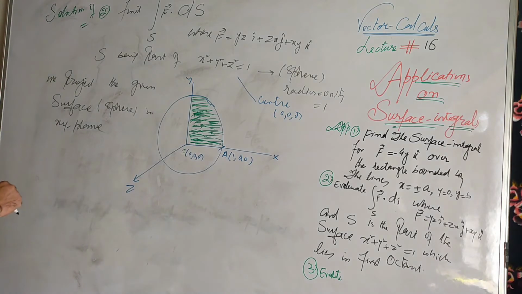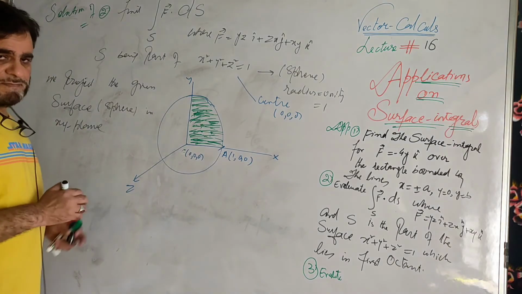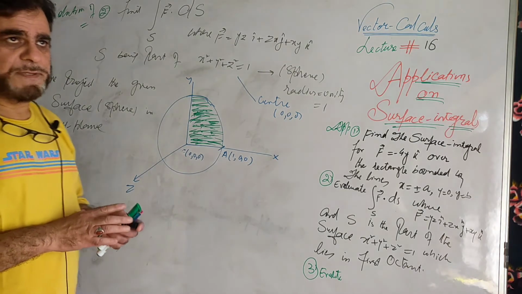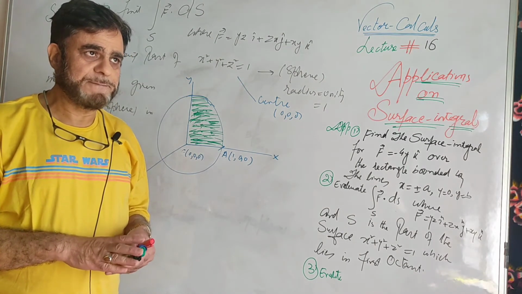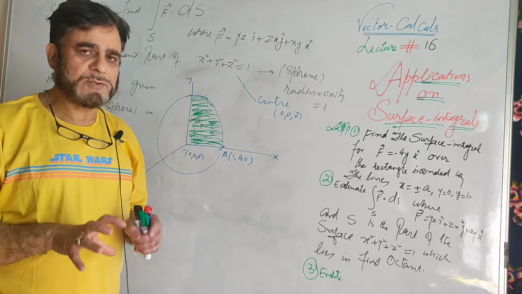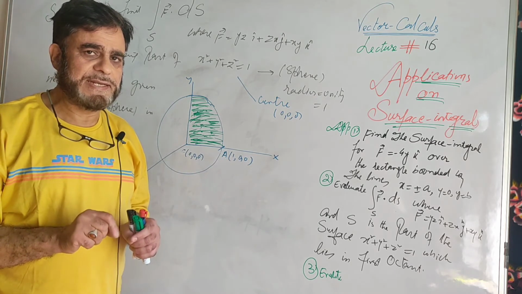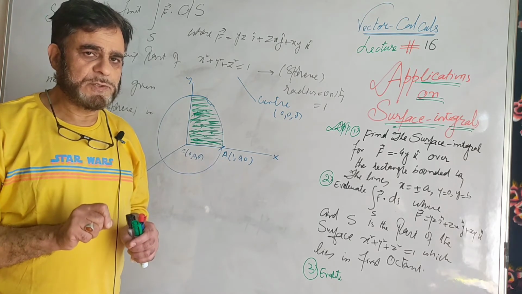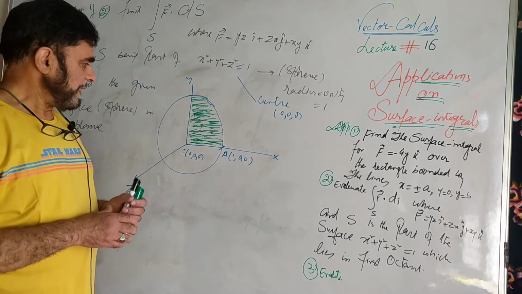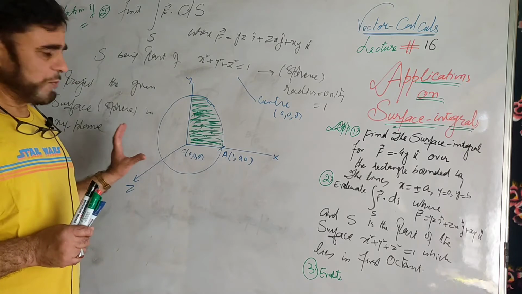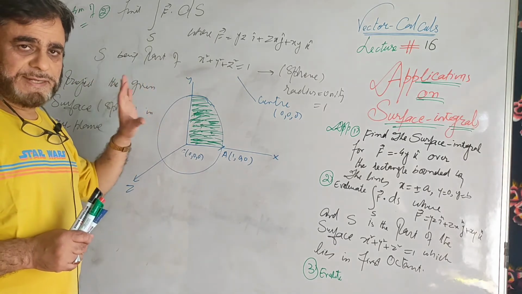Okay, xy plane. Now the question is, I have already told you in lecture number 15, when a certain surface lies in a particular plane or is parallel to it, then we take n cap, the unit normal vector outward to the surface.